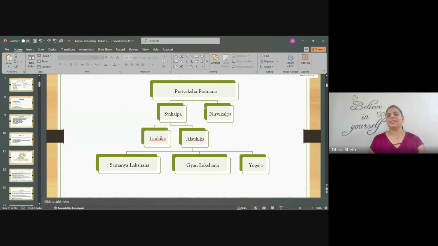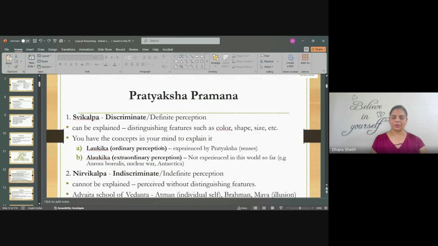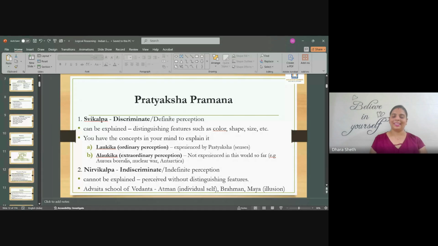So first, let's understand what is savikalpa and nirvikalpa praman. Savikalpa is discriminate, definite, 110%. It can be explained to some other person. Now you have seen something, you can go and tell another person that this person was wearing this kind of dress.